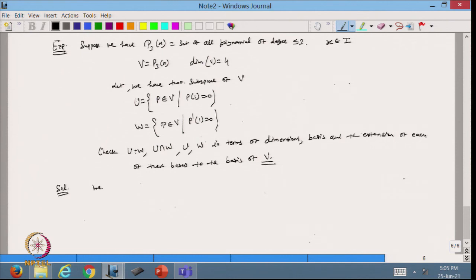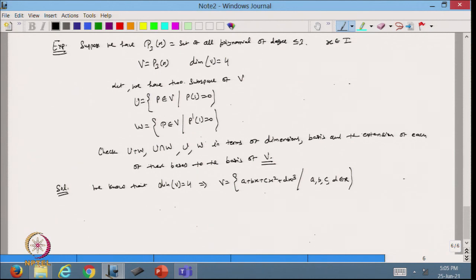So we know that the dimension of V is 4, because V is basically all the polynomials of type a plus bx plus cx square plus dx cube, such that a, b, c, d are real.